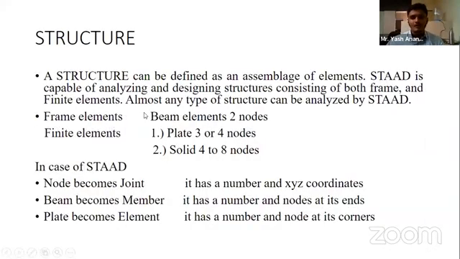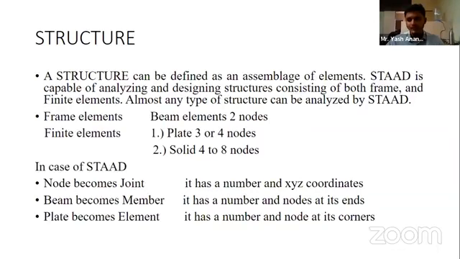A structure can be made of a frame element, that is, a beam element with two nodes. What it means is that any beam has two nodes, and the element is connected by two nodes. It's also called a beam. What is a plate? A plate is simply rectangular or triangular, and has three or four nodes.